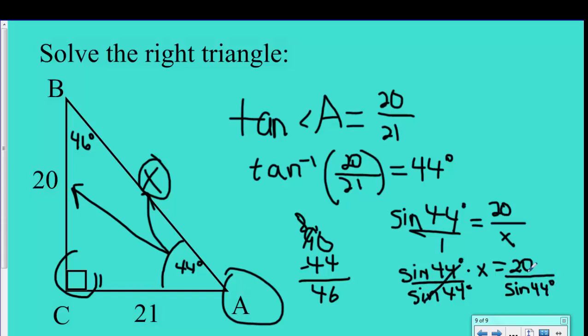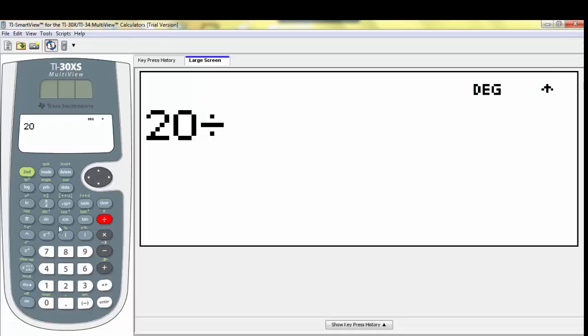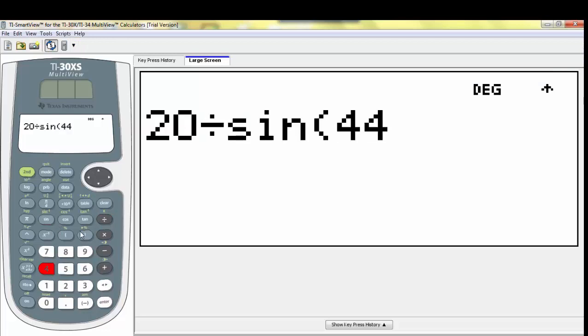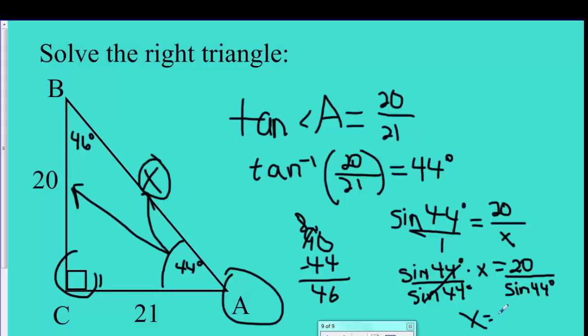In the calculator, I'll go and type in 20 divided by the sine of 44. Our answer is 28, we'll round it to the nearest tenth, 28.8.